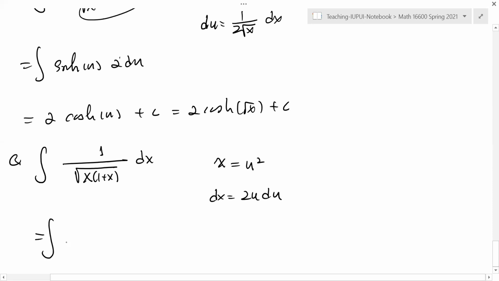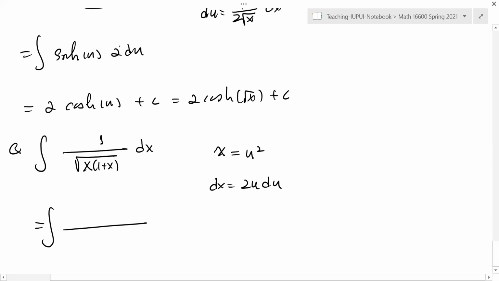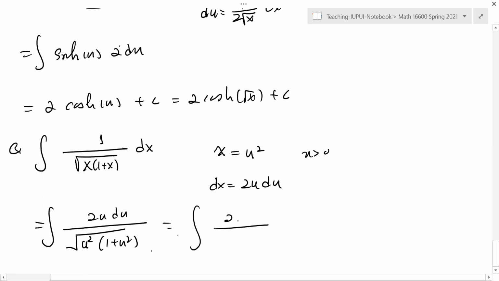And the integral here, since x is equal to u squared, of course x must be positive. So let's assume we use positive here, okay? x is positive, okay? So the square root of u squared is going to be u, right? And here's 1 plus u squared. And this is 2u du. And what do you get? The u's cancel out. Great.